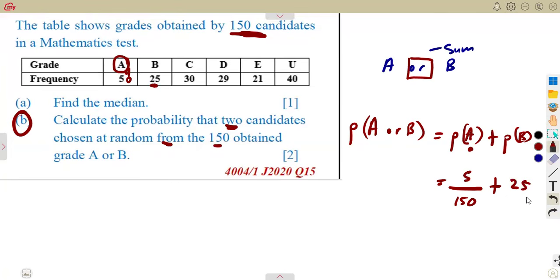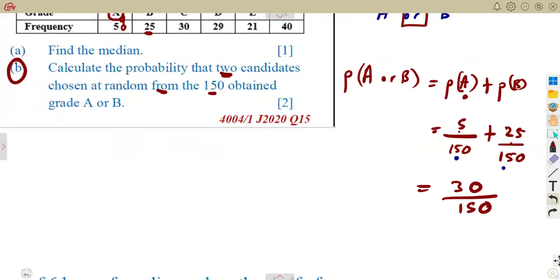So it's 25 out of what? 150. So the same denominators allow us to add the numerators. We can add 5 plus 25, that is 30 out of 150. So we can even reduce this by 3 here. That's 1 by 3, that's 5. So that gives us 1 over 5.